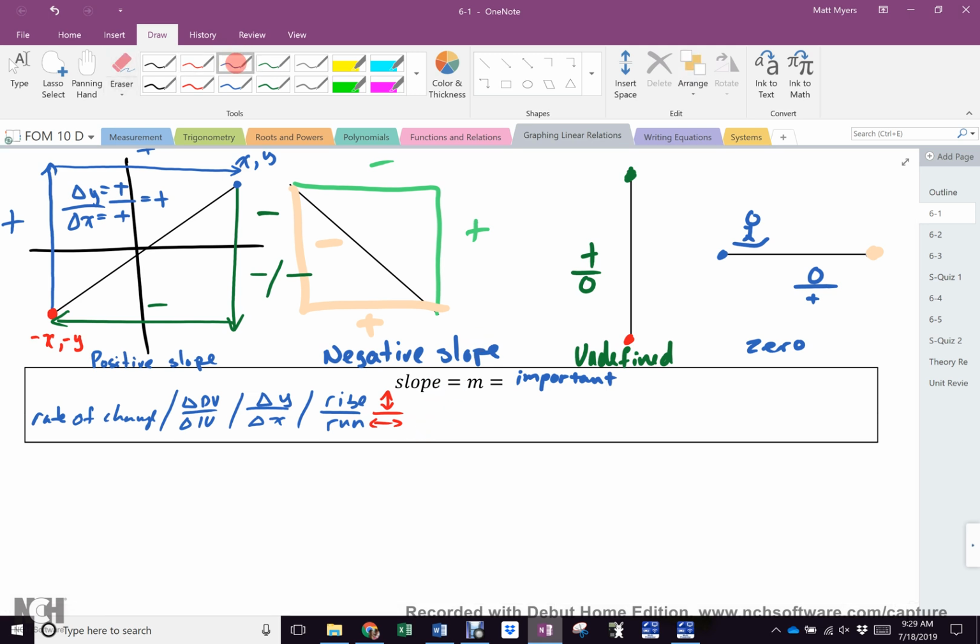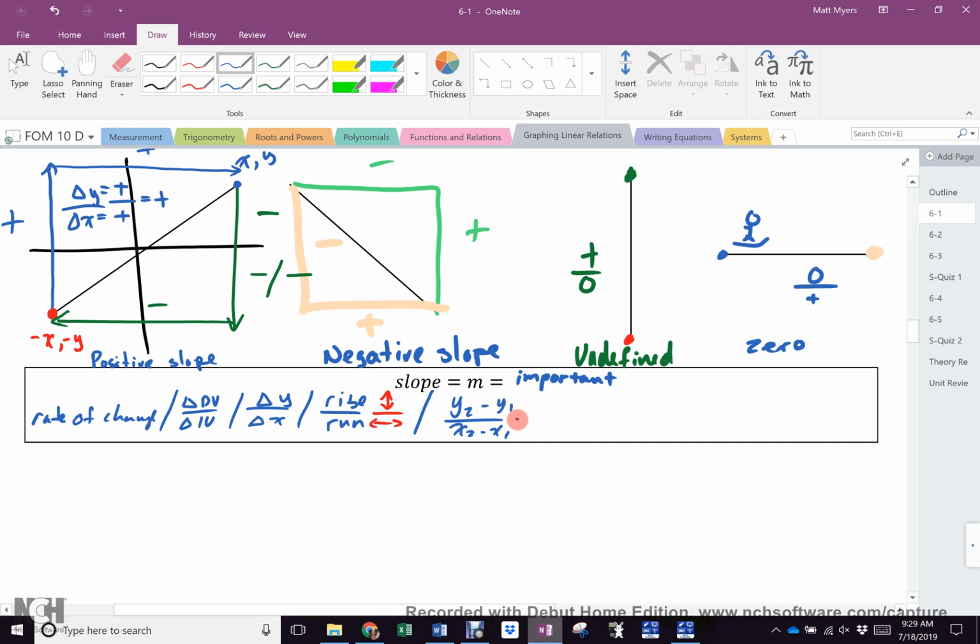It is also y2 minus y1 over x2 minus x1. What do we call the answer when we do subtraction? What is the answer in a subtraction problem? Difference, right?